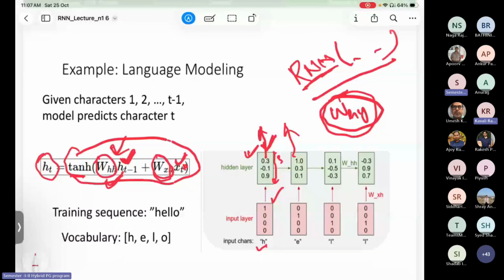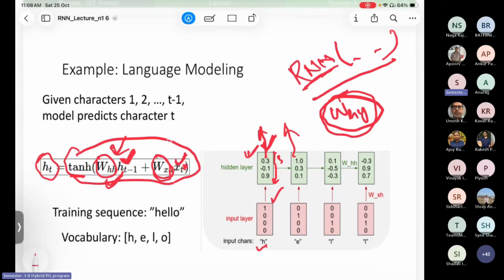So here we have H, E, L, L. So here we have 4 W_hy, right? I'm saying that here the input characters are HELL, and we are predicting every next character. So this means we have 4 W_hy, right?